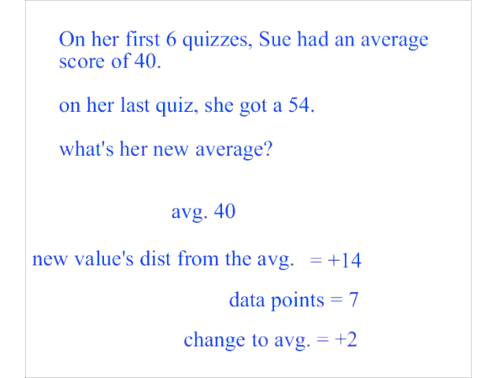So this is an ugly looking formula if we want to make it a formula, but you're basically saying a new value's distance from the average divided by the number of data points shows you the amount that it's actually going to move. Any questions on this idea?